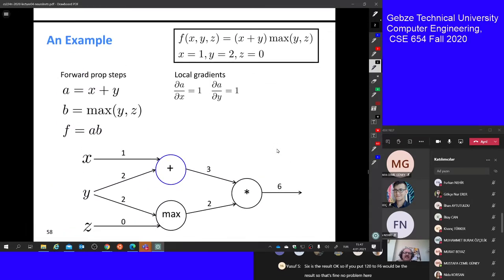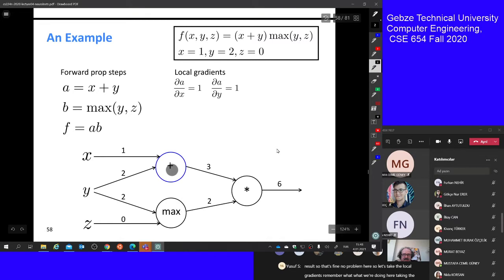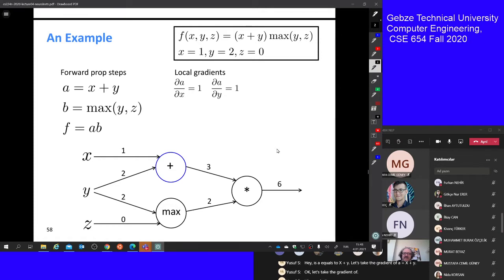Let's take the local gradients. Remember what we were doing here? This is plus: a equals x plus y. Let's take the gradient of a equals x plus y with respect to x and with respect to y.